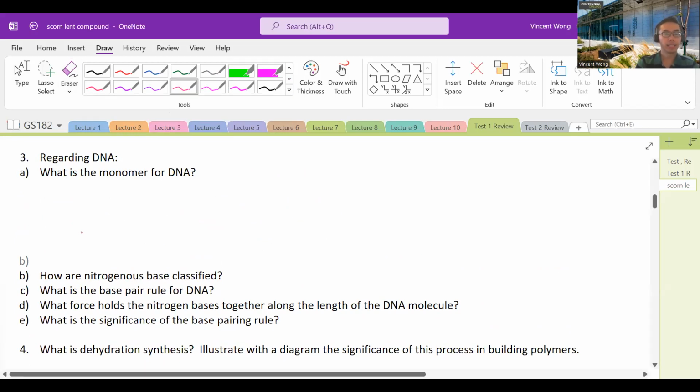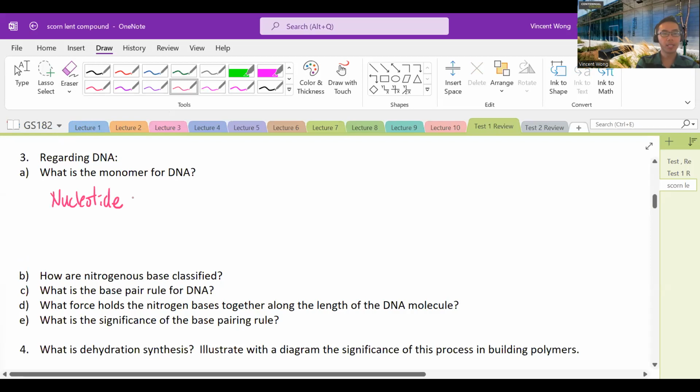Nucleic acid. Yeah, thank you. That is correct. Oh, sorry, no. That's actually not correct. DNA is a type of nucleic acid, but the monomer, the building block for DNA, is actually the nucleotide. Nucleotide. Good try though.